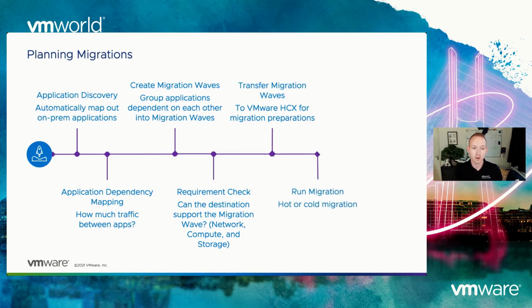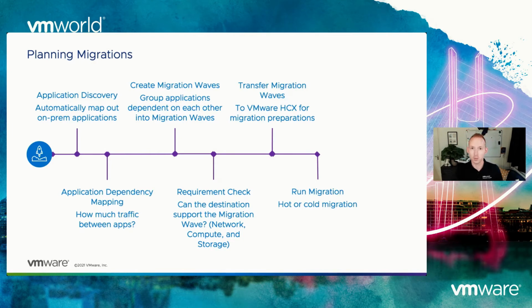And then once that's done, you can actually start the migration, and you can pick between hot or cold migration. So do you want to do a replication, shut down the VM on the source, and then start the VM on the destination, start the replica basically? Or do you want to do a vMotion, so without any data loss?